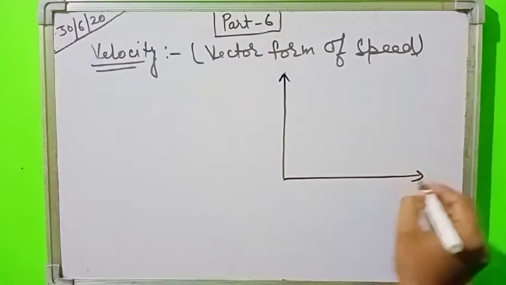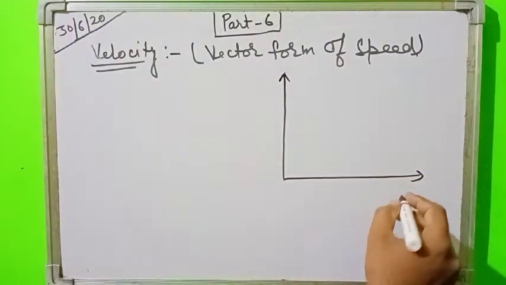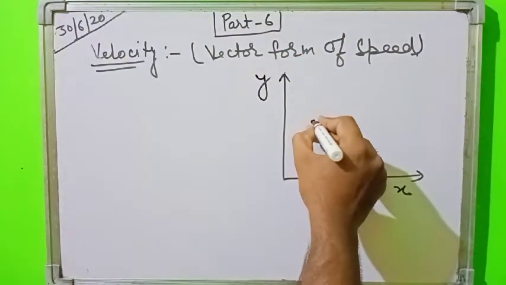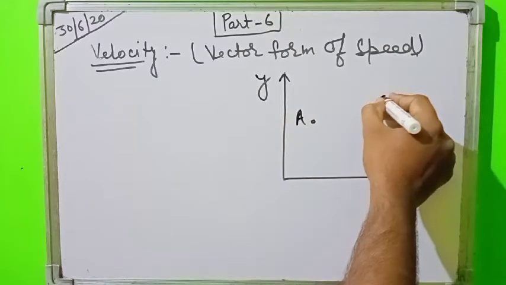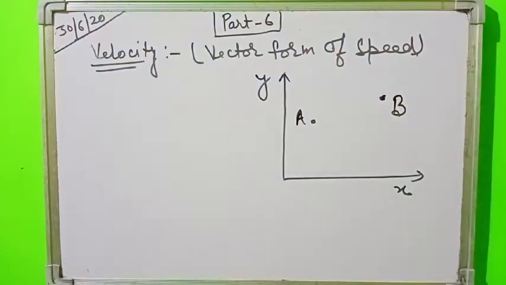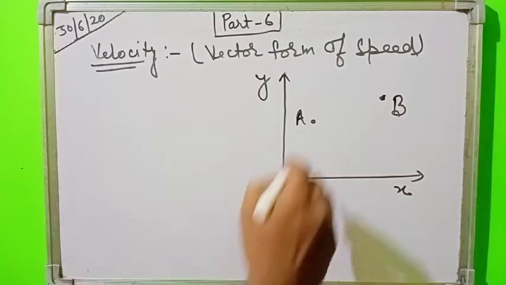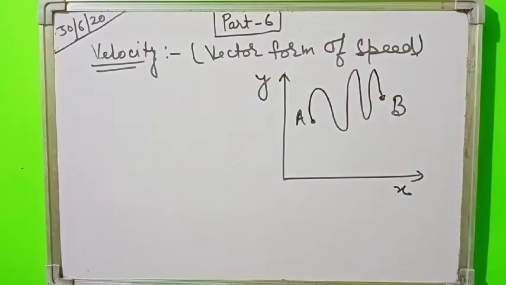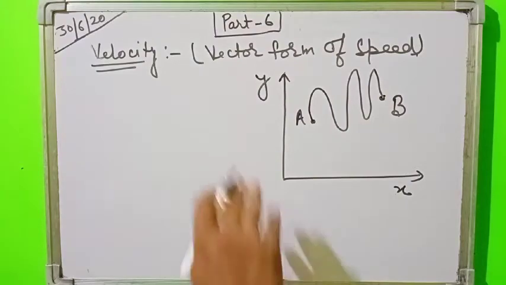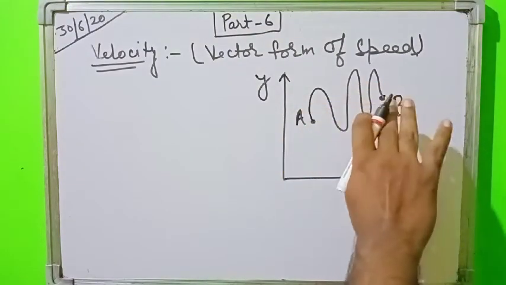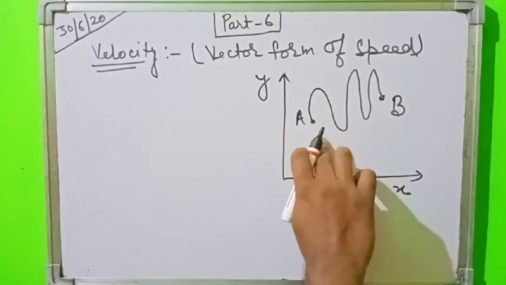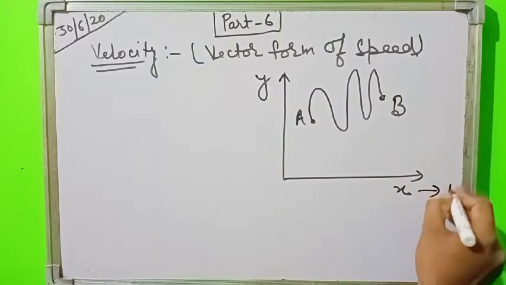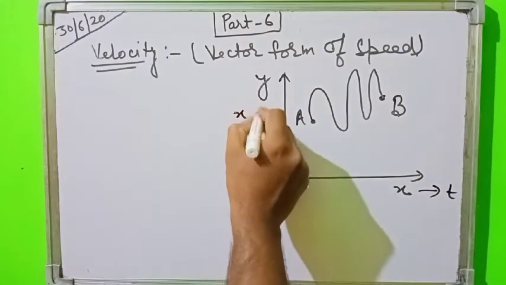Suppose I am clarifying with this coordinate axis. This is the x axis and this is the y axis, and these are 2 points, point A and point B. Suppose an object is moving in this way from A to B, then here you can't say the direction of motion from A to B. In this case we consider this as the time axis and this as the displacement or distance axis.